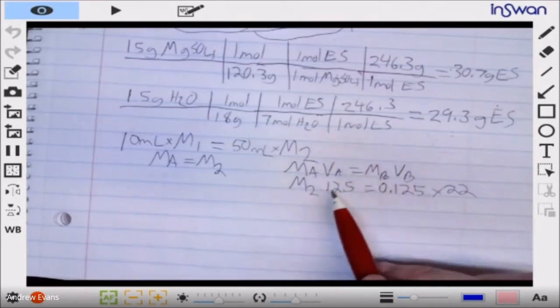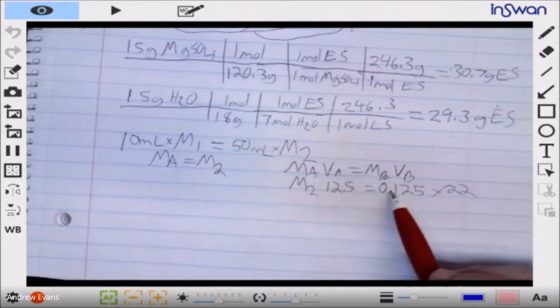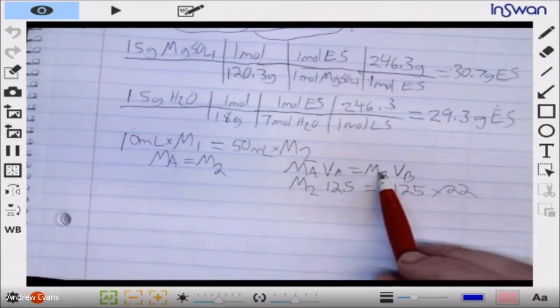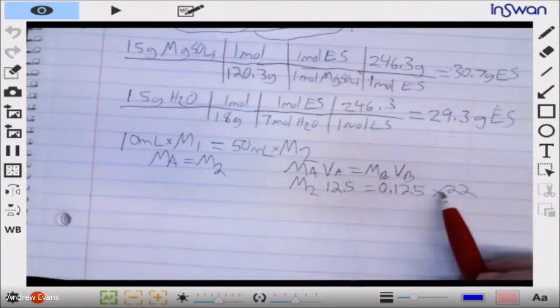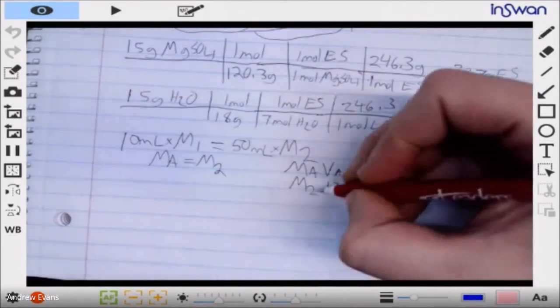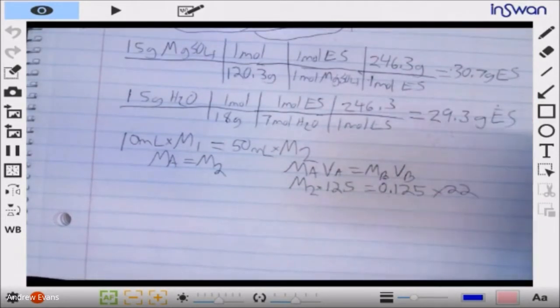So we took 12.5 mils of the acid, the VA. We took the 0.125 molar NaOH, which is our base, our hydroxide producer, and it took 22 mils of the base, our VB. So with this in mind, we have to find MA or M2 first. It's going to be 22 times 0.125 divided by 12 and a half.